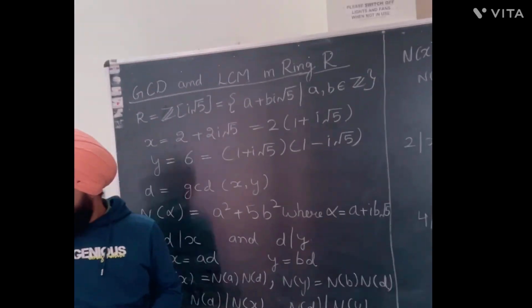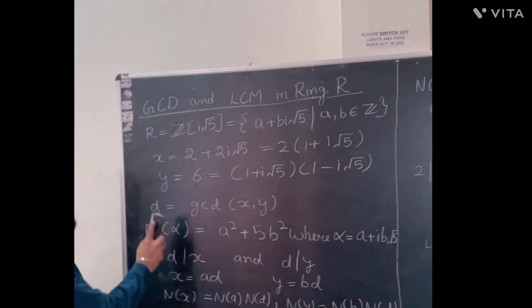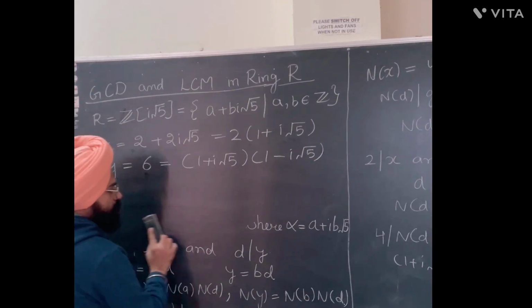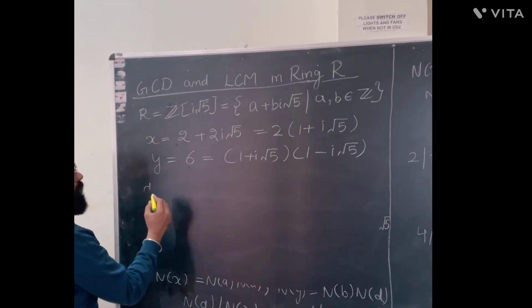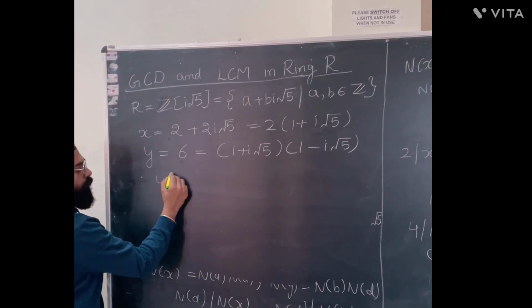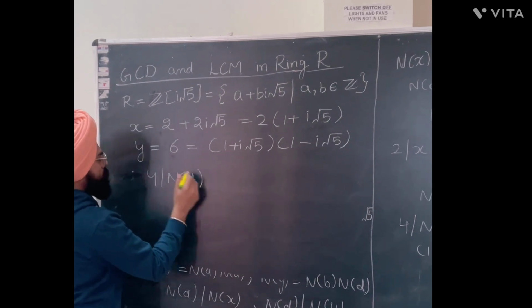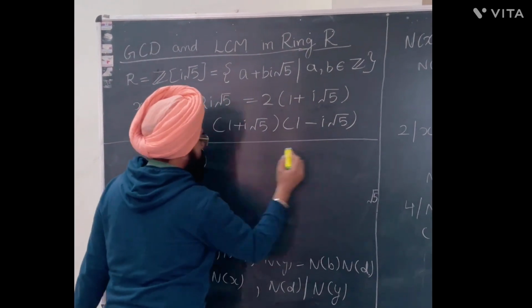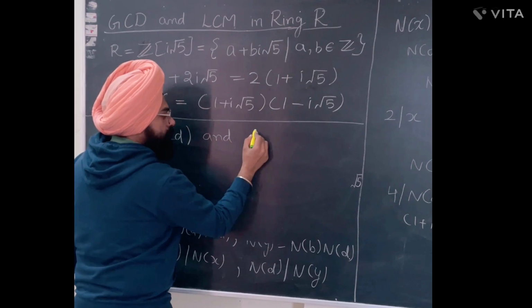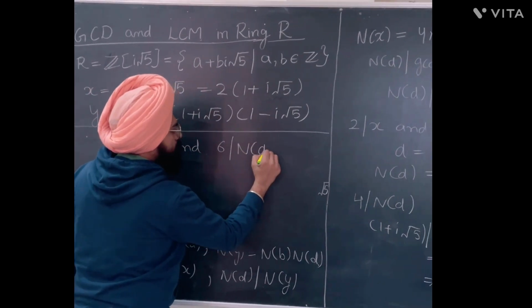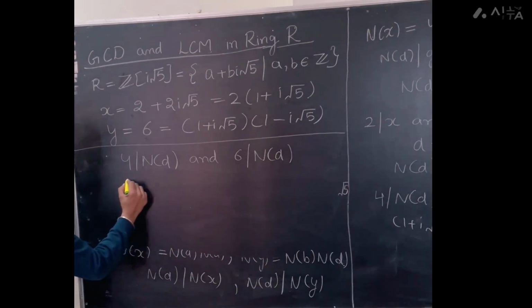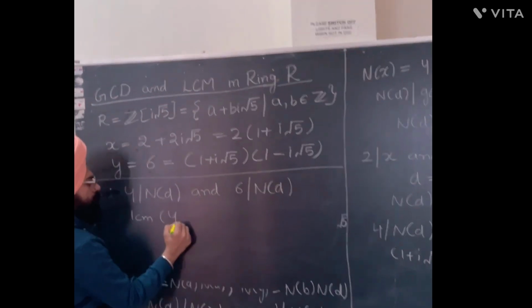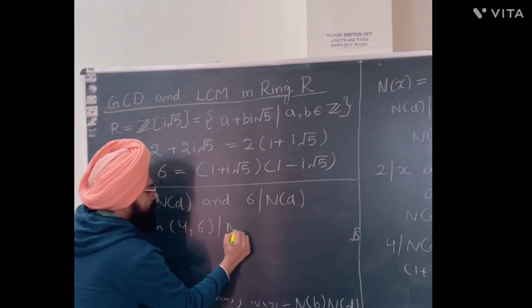Now from equation number 2 and equation number 3, since we have 4 divides norm of d and 6 divides norm of d, their LCM will also divide norm of d.